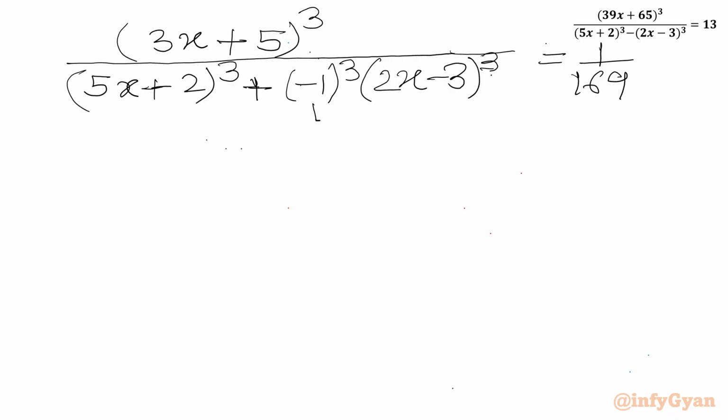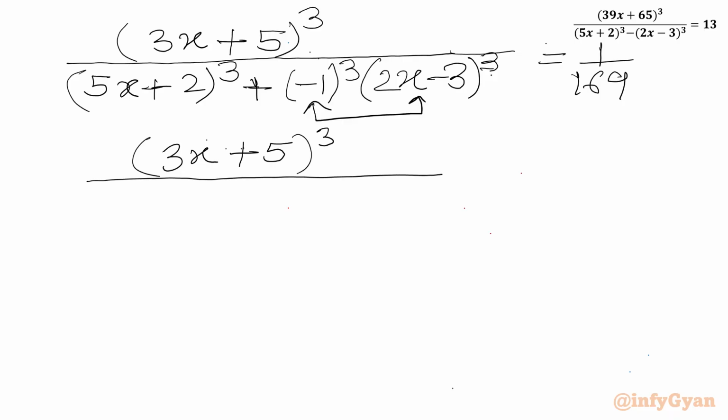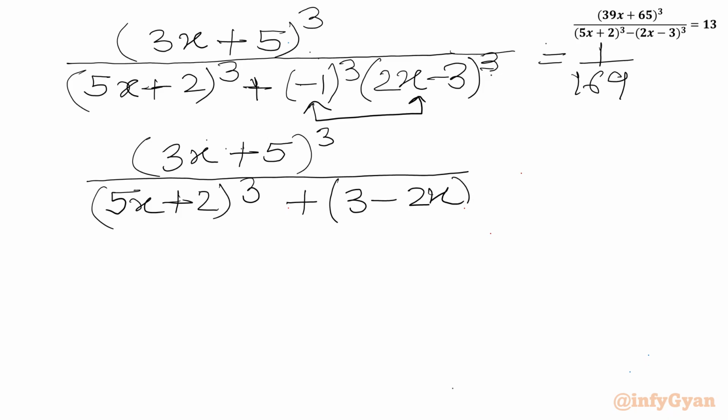Now we can club these two bases as powers are same. So I can write (3x plus 5) whole cube over (5x plus 2) whole cube plus, and in the bracket we can write (3 minus 2x) whole cube.